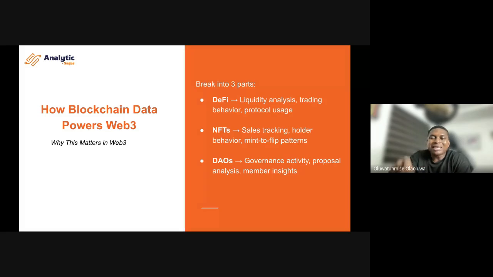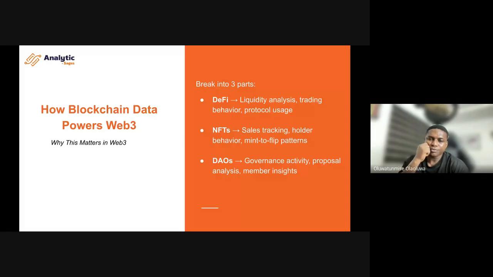So that when you are trying to track the activity, you will see that this NFT is having volume. But in the real sense, the transaction is only taking place by one person, buying and selling to himself. So you're able to track any fraudulent activity here.